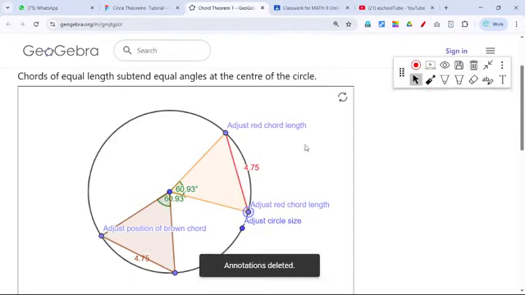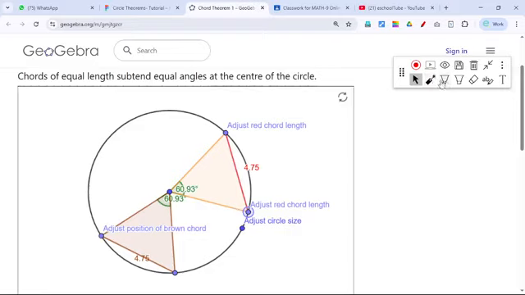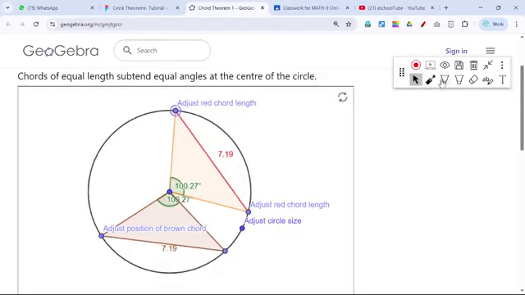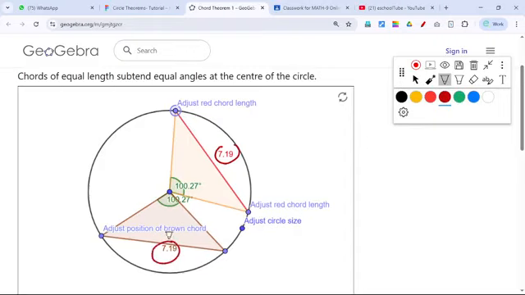And both are making the same angle at the center, 60.93 degrees. Even if you change these points, as long as the length of the chord remains the same, the angles will remain the same.